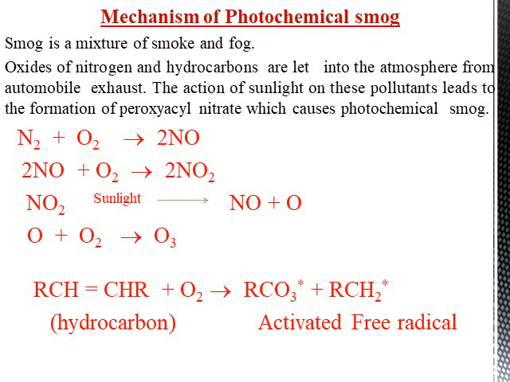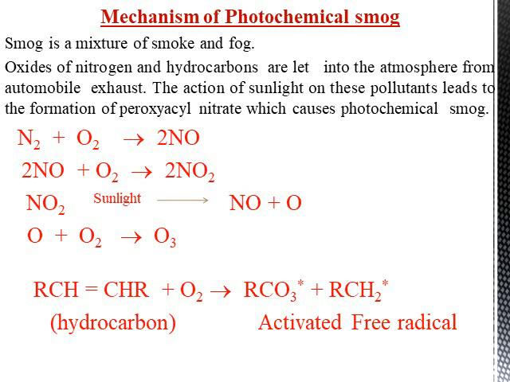Now, in the formation of photochemical smog, let us say a hydrocarbon is left out into the atmosphere by incomplete combustion of fossil fuels or gasoline. Let us say RCH double bond CHR is the simplest hydrocarbon which will be let out.